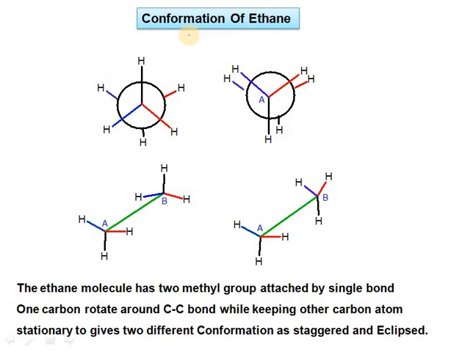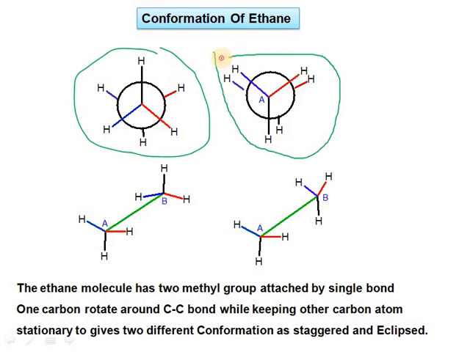Now we have discussed the conformation of ethane. Ethane molecules join two carbons, each having three hydrogens. So two conformations are possible: one is a staggered form and the second is an eclipsed conformation. The ethane molecule has two methyl groups attached by a single bond.